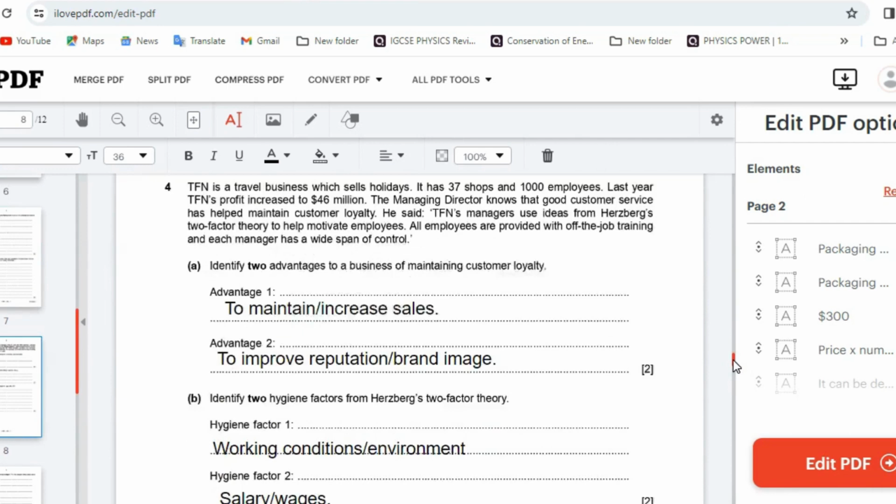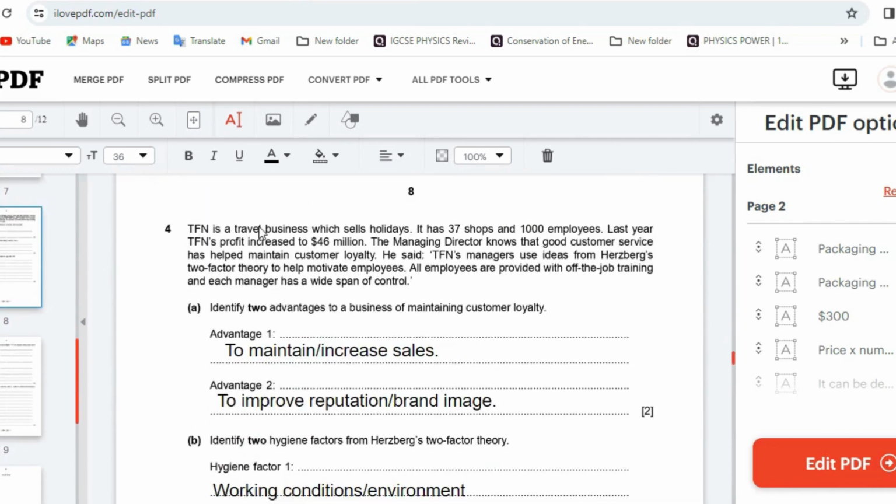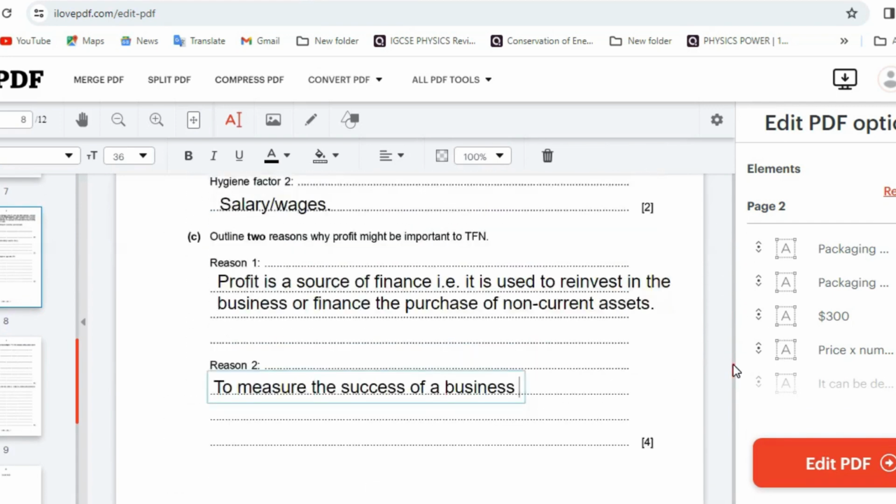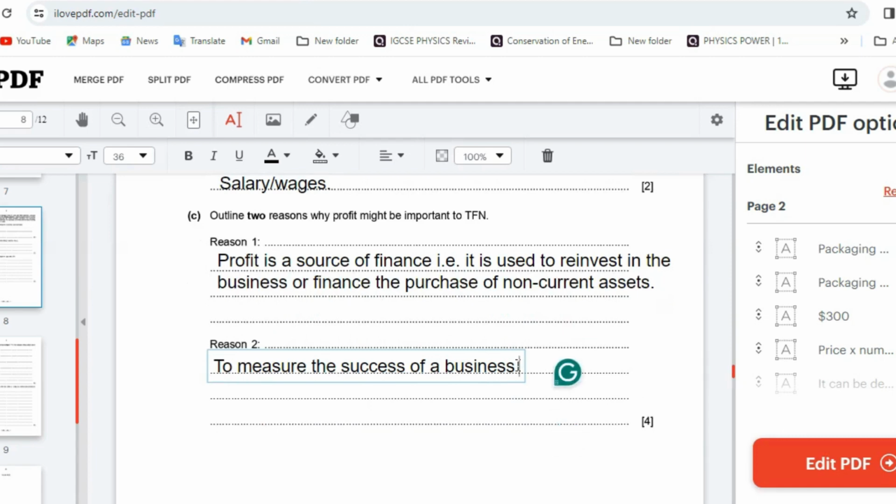We don't have a table here, we have just only the appendix. The profit has increased to $46 million. Let's try and put it here too in our outline: to measure the success of a business as shown by profit increasing to $46 million.